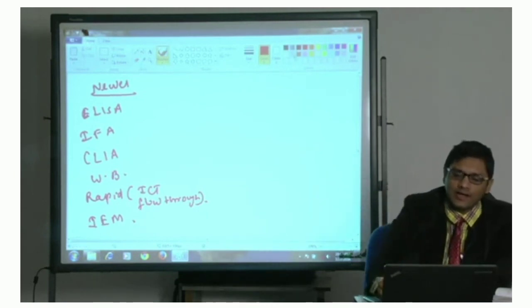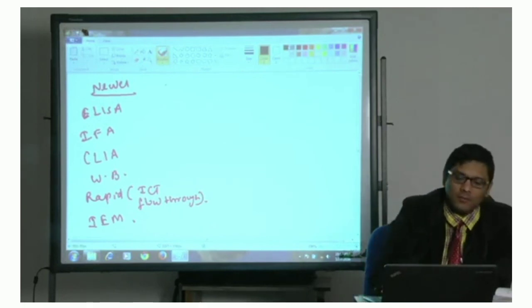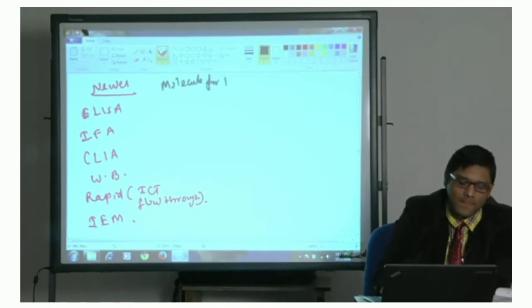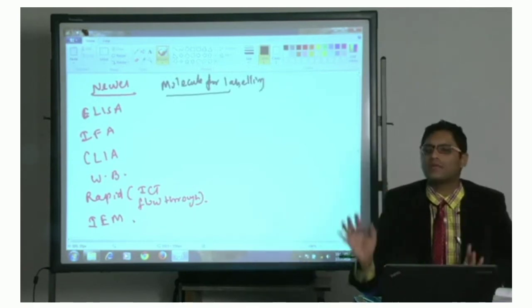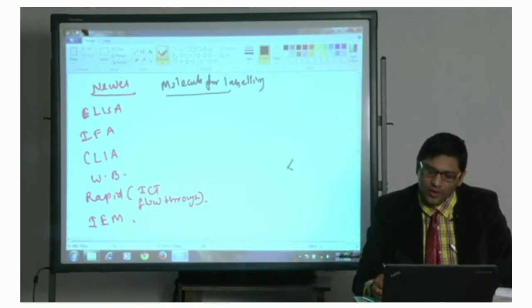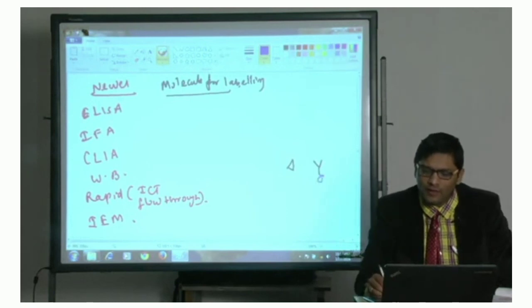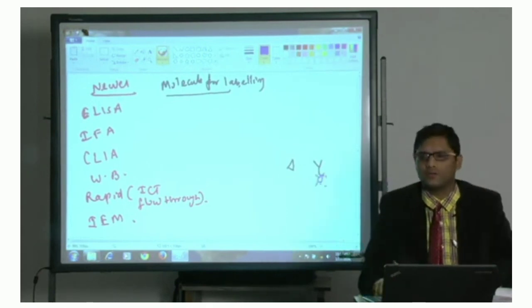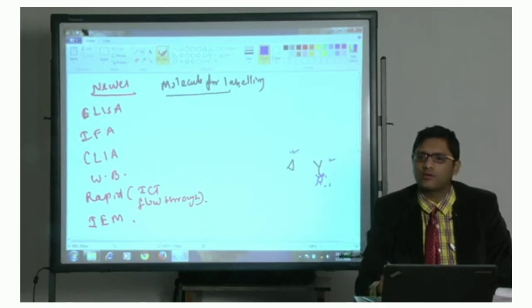So newer methods are widely used now, and all these newer methods vary from each other by the molecule used for labeling. See, the principle is very simple. All the newer methods follow this principle: either antigen or antibody you coat with a detector molecule. If you want to detect antigen, you coat the antibody with a detector molecule.